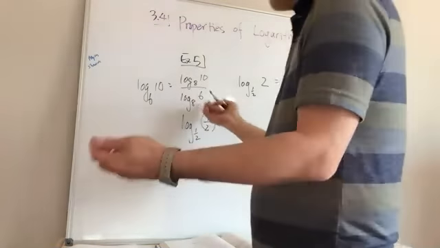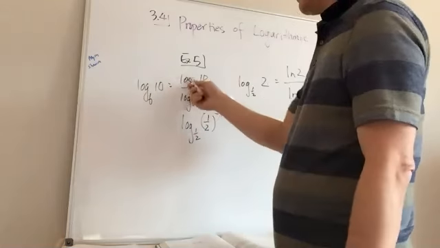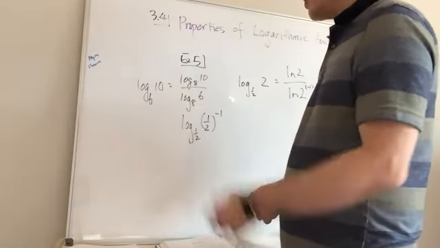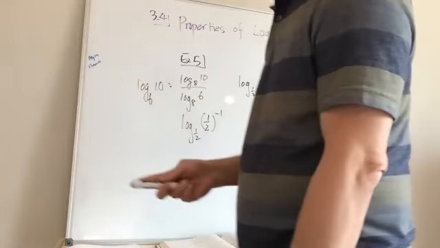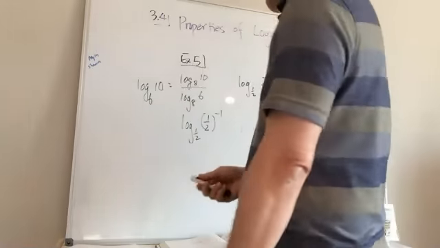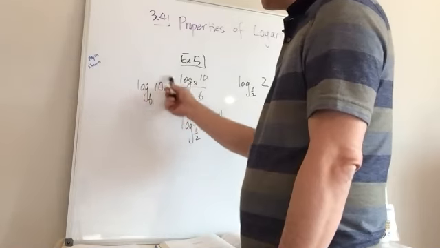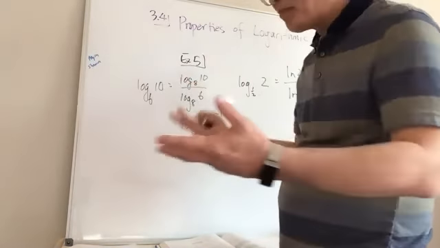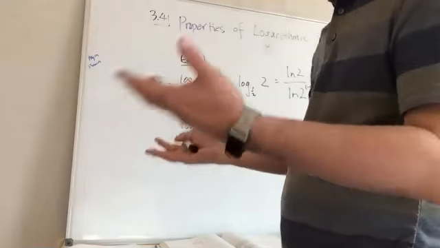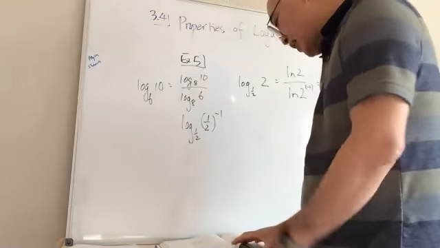The problem is that you don't gain anything from going from here to here, unless you just happen to know what log base 8 of 10 was, right? So in your calculator, you can just evaluate this without having to change base. So there really is no reason, it's just seeing if you can notice what's going on here. That's all they're doing, really.